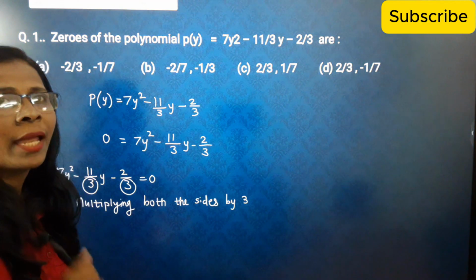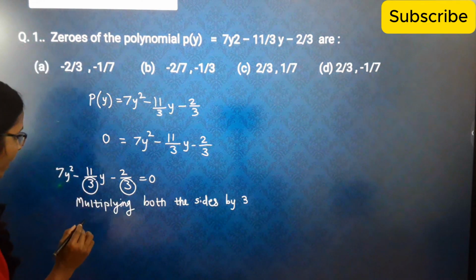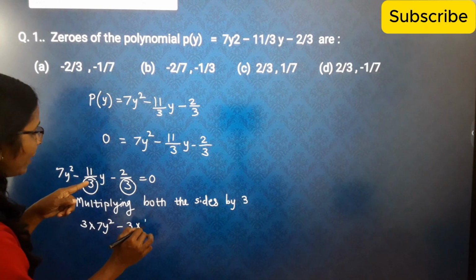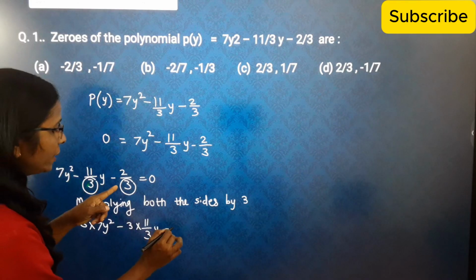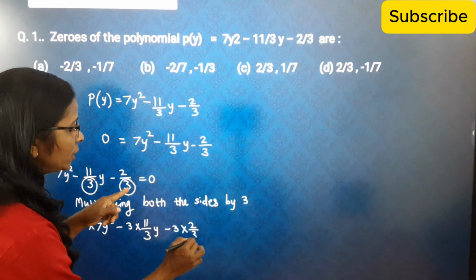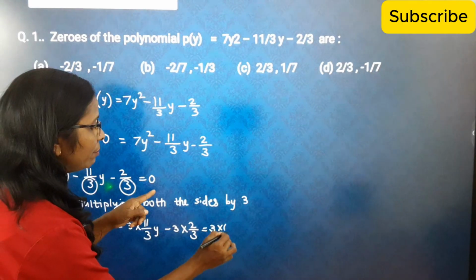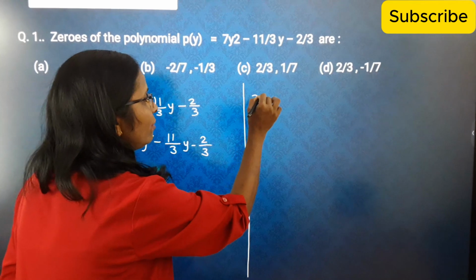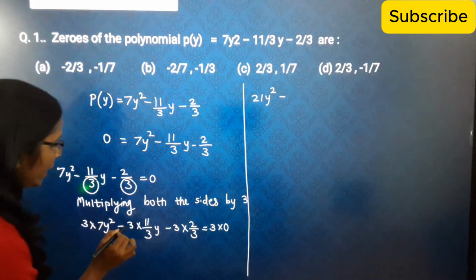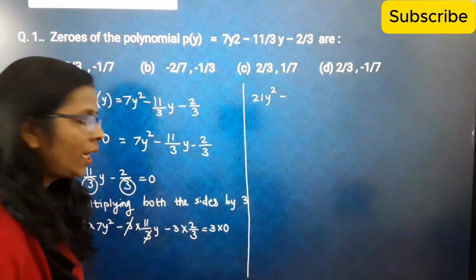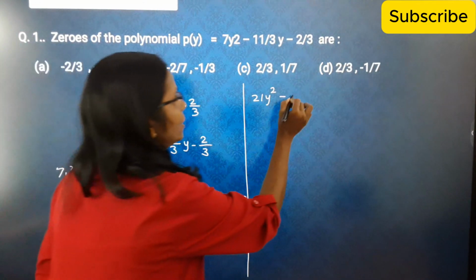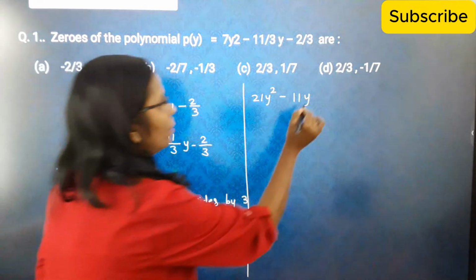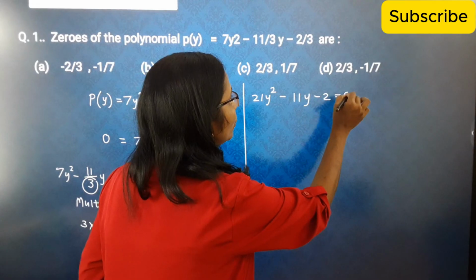So we have 3 multiply 7y square minus 3 multiply 11 by 3 y minus 3 multiply 2 upon 3 is equal to 3 multiplied by 0. Then 21y square minus, here 3 and 3 get cancelled, 11y, then here 3 and 3 get cancelled, then minus 2, which is equal to 0.